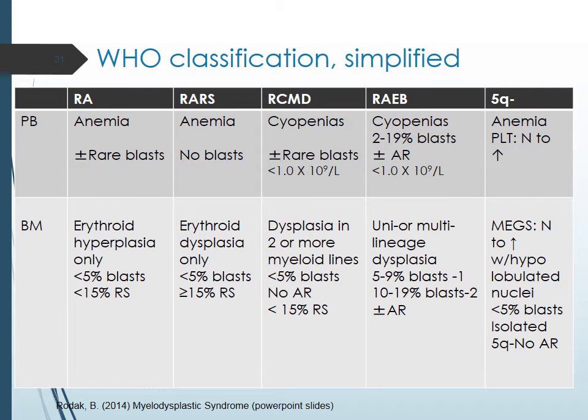This is a table that Professor Rodak has come up with, where there are all the disorders that we've talked about: refractory anemia with ringed sideroblasts, refractory anemia with excess blasts, refractory cytopenia with multilineage dysplasia, and then the myelodysplastic syndrome with isolated deletion of 5q.